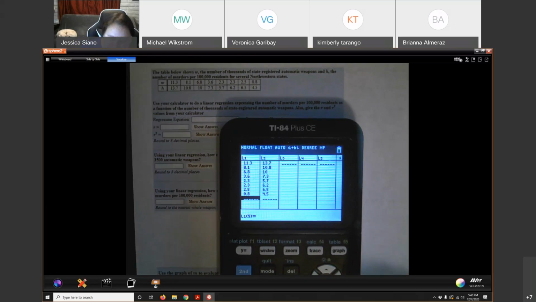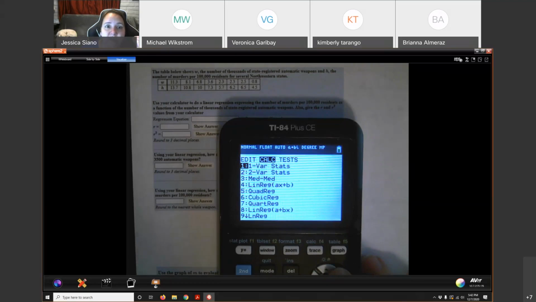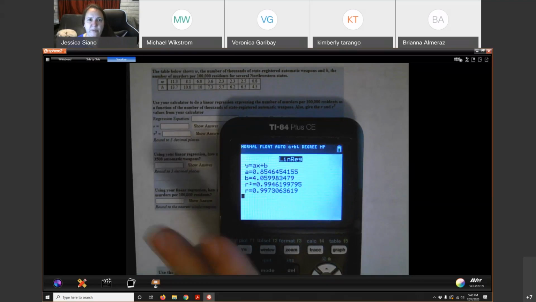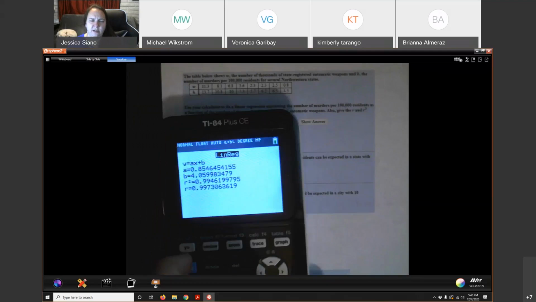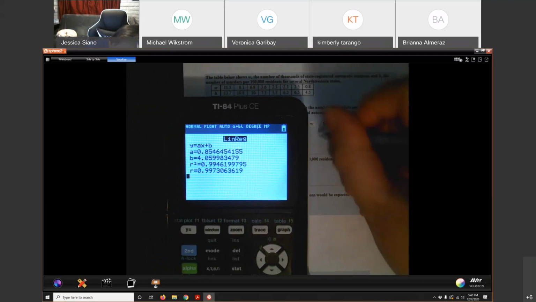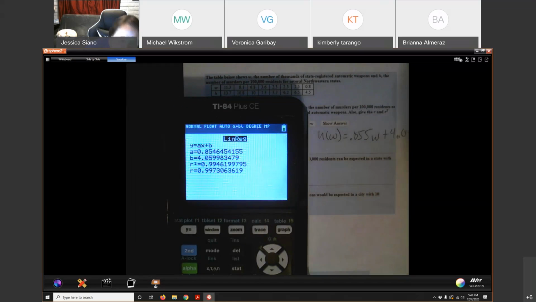Okay. And then back to stat. Over to calc. They have told us that they want a linear regression. So we'll go back to linear regression, just like we just used. 3 decimal points means that my regression equation will be h of w equals 0.855 w plus 4.0.